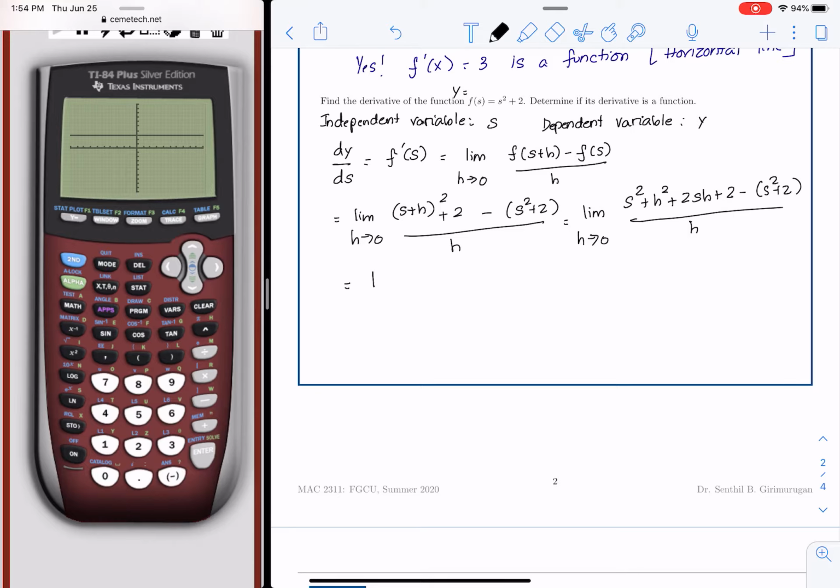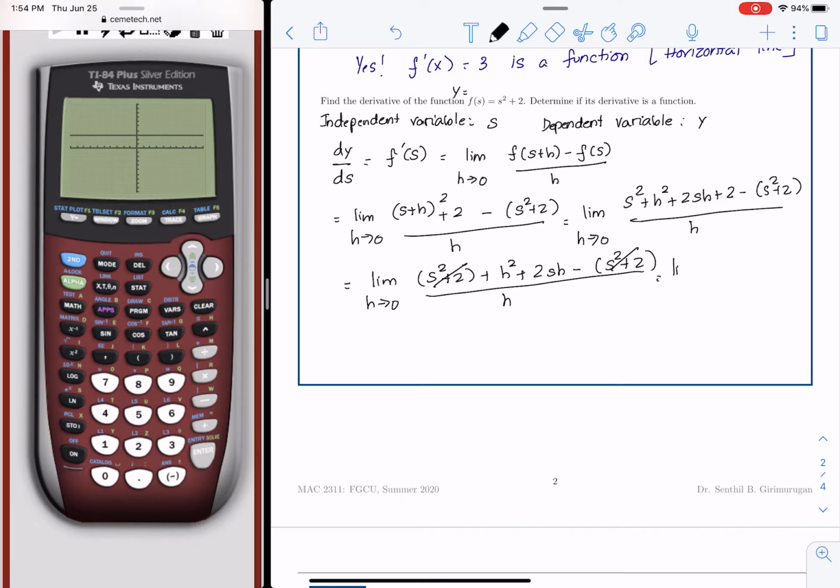A little bit of rearranging. If I write it as s squared plus 2 plus h squared plus 2sh minus s squared plus 2, divided by h, those two would go away.